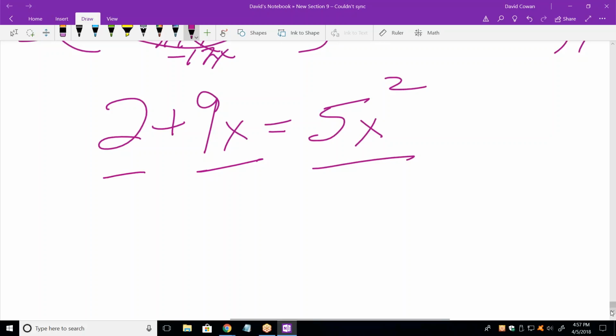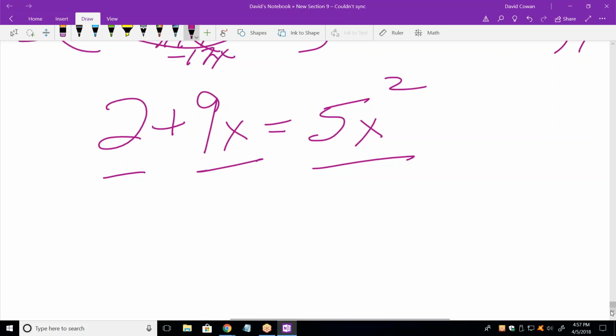So how do I want to arrange this? You want to put it in basic format, I think it's called. Okay, standard format. So tell me what that is. We're probably going to have to subtract 5x squared from, actually, you want basic format to have a positive coefficient.